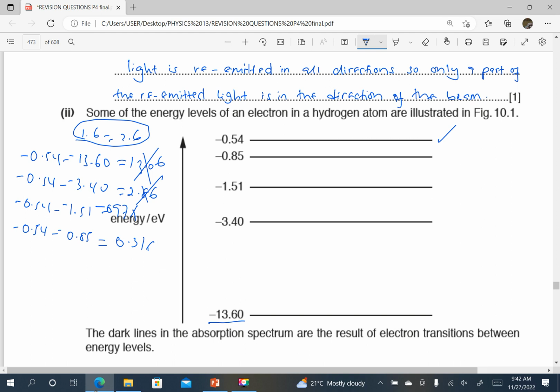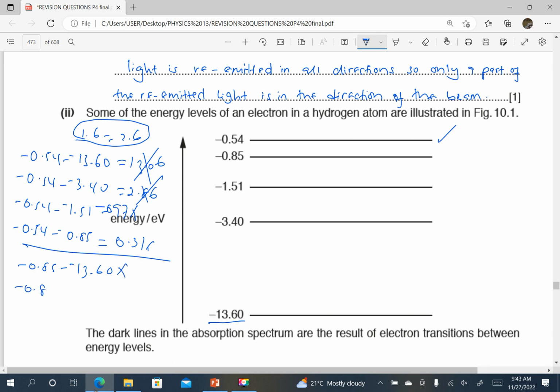I will now move to 0.85. Negative 0.85 minus negative 13.60. I'll just say 13.6 minus 0.85. That is 12.75. It is outside the range.